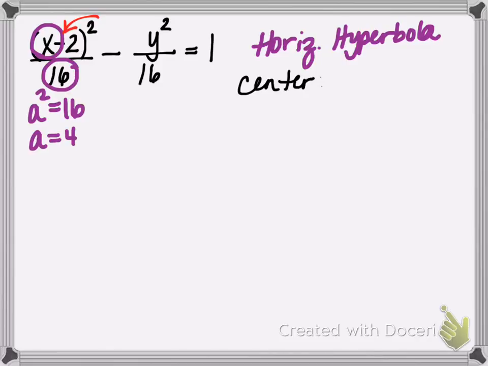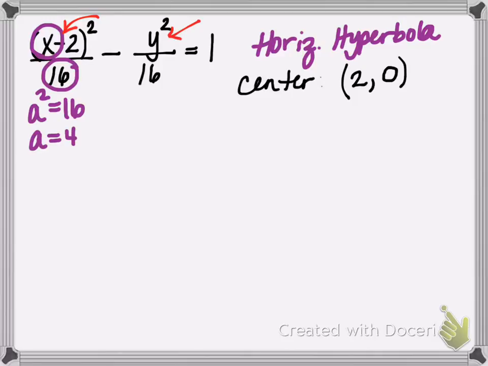So that's going to be a shift to the right 2. And then over here, my y value does not have any values added or subtracted to it or from it. So there's not going to be any vertical shift. So we're simply shifting to the right 2. And we're not shifting anywhere up or down, so my center would be at 2, 0.